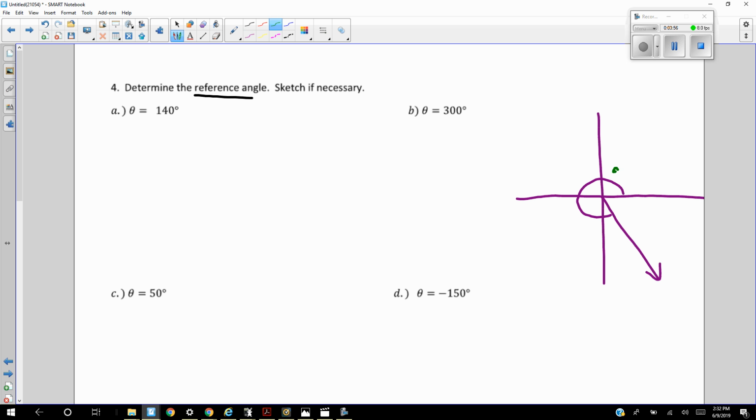Sometimes what I like to do is annotate that angle, and I know each quadrant's 90 degrees, which means this piece right here is all I have to add up to give you 300. So the question is, what's the shortest distance to the x-axis from this terminal side? The shortest distance to the x-axis I've got labeled in blue. And of course, that would be 60 degrees.